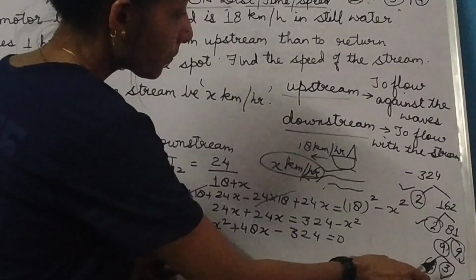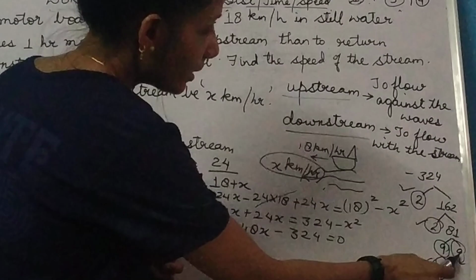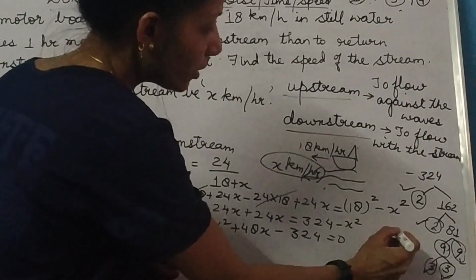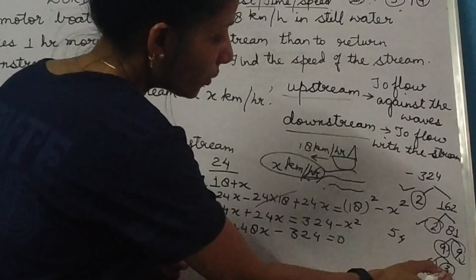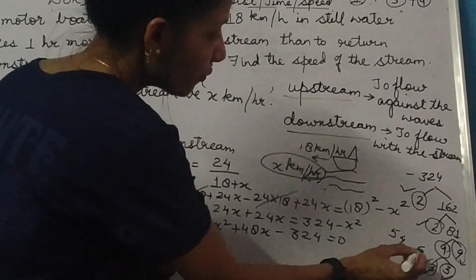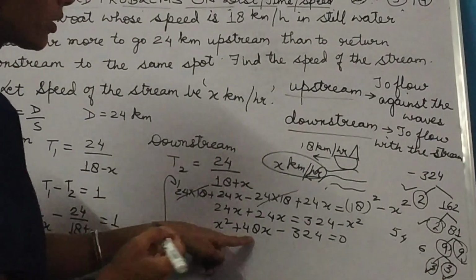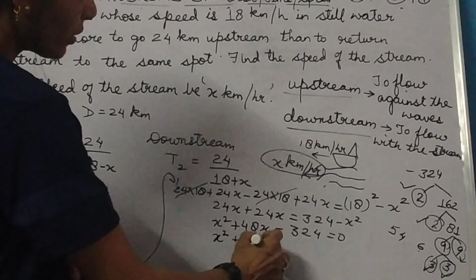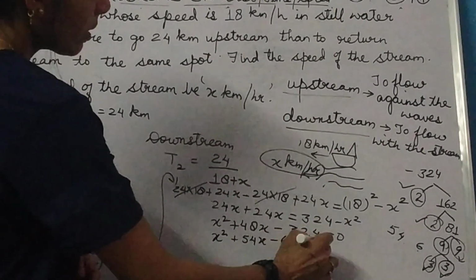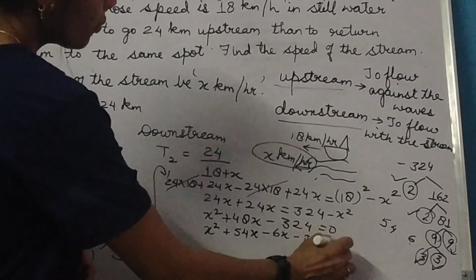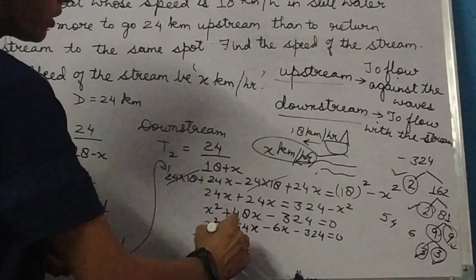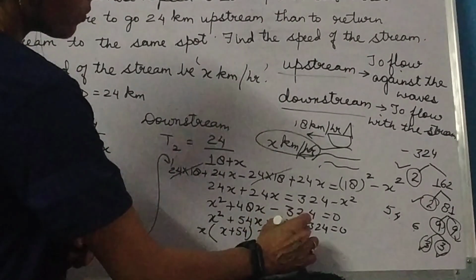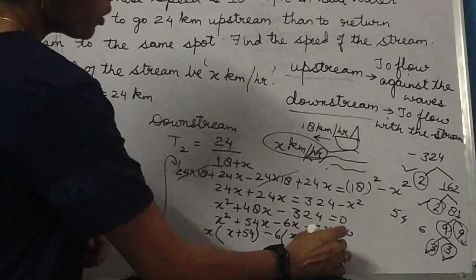So see here, I can take 9 into 2 is 18, 18 into 3 is 54, and 3 into 2 is 6. And 54 minus 6 gives me 48. So I can write it as x square plus 54x minus 6x minus 324 equals 0. Taking x common, x plus 54, and taking 6 common, x plus 54.